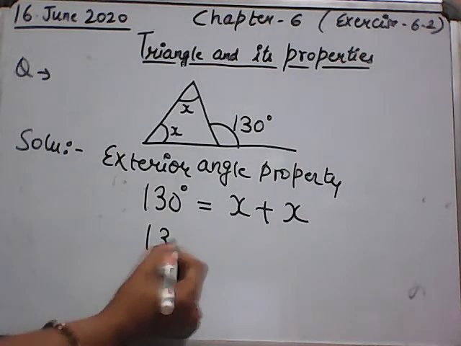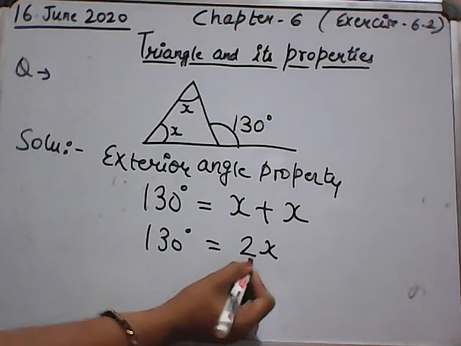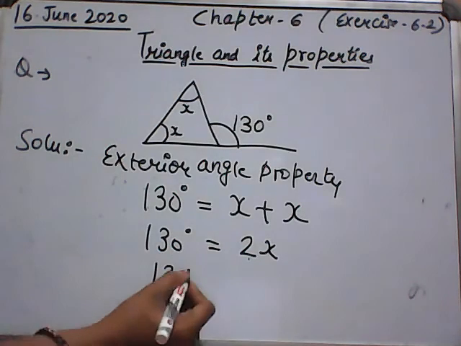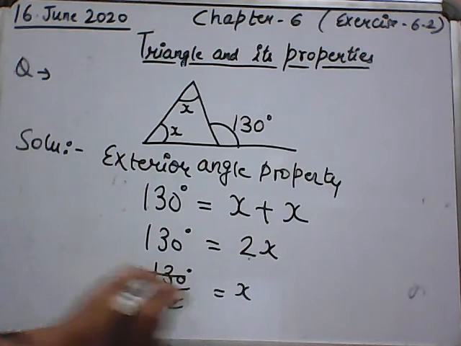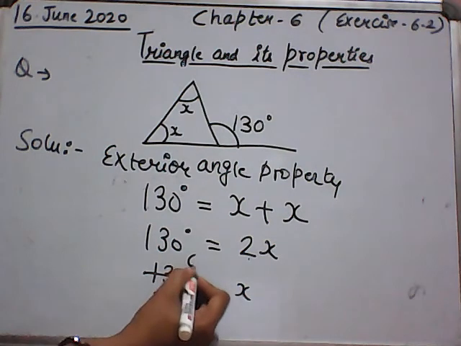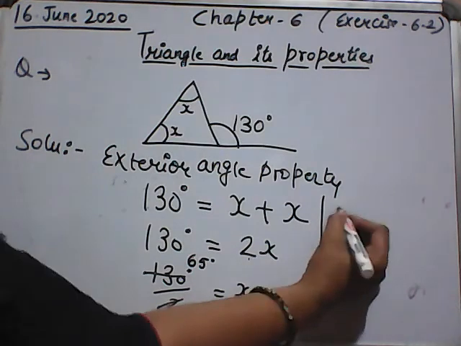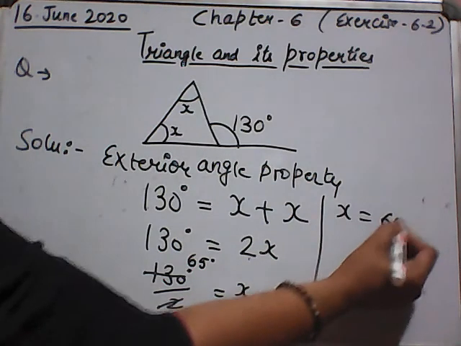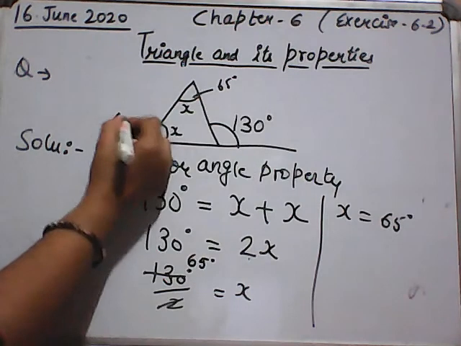Now 130 is equal to x plus x, which is 2x. The 2 goes to the other side, so it becomes 130 divided by 2 is equal to x. 2 sixes are 12, 2 fives are 10. Now x is equal to 65 degrees. This becomes 65 degrees, and this becomes 65 degrees.